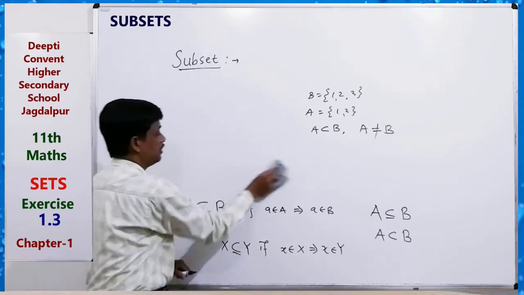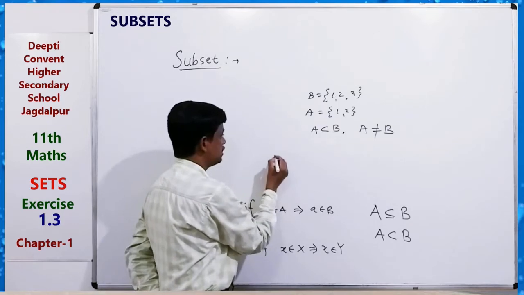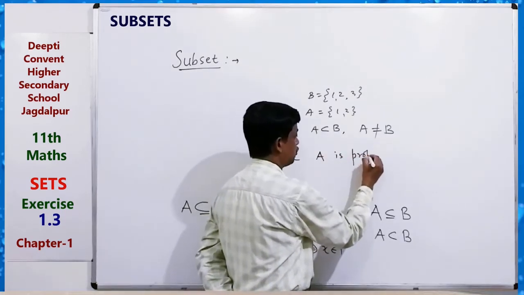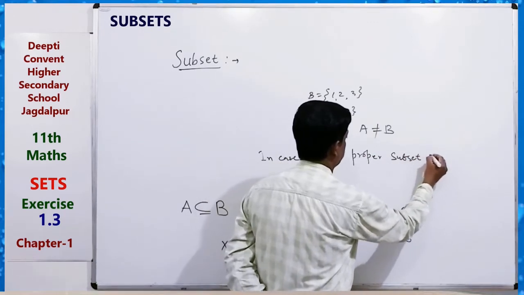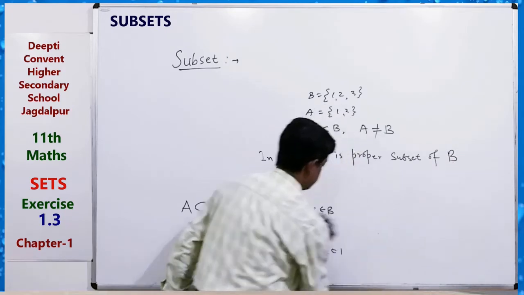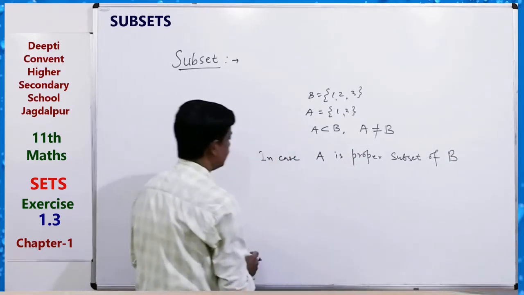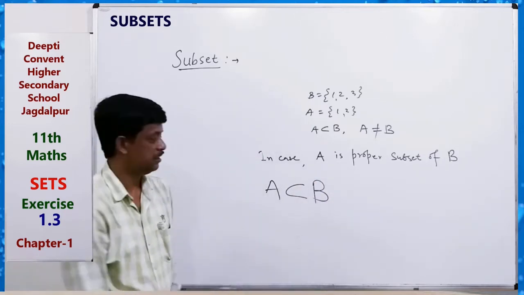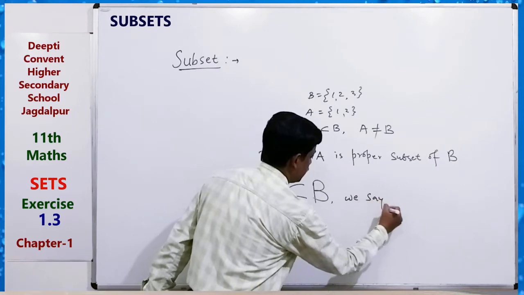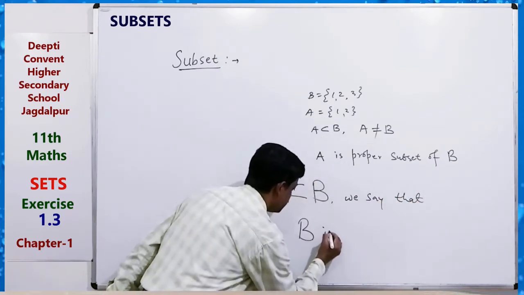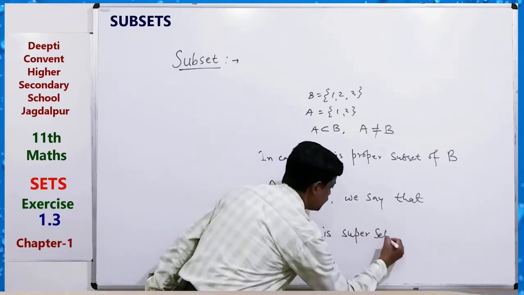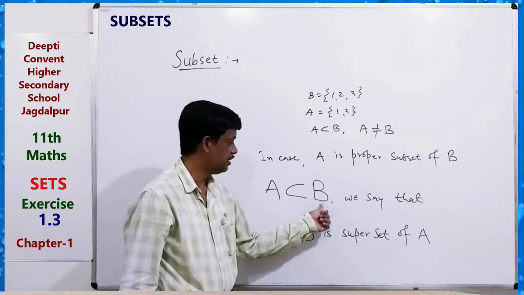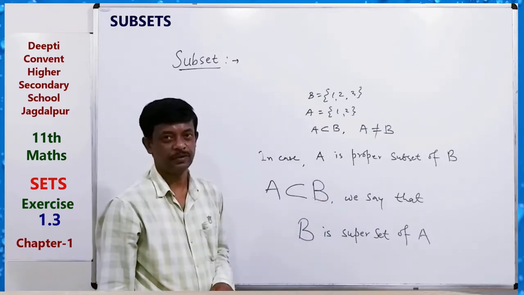In case A is proper subset of B, that means A is a proper subset of B, we say that B is superset of A. B is superset of A means there is an element in B which does not belong to A. Okay.